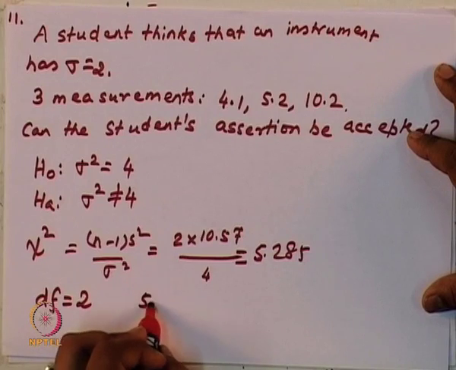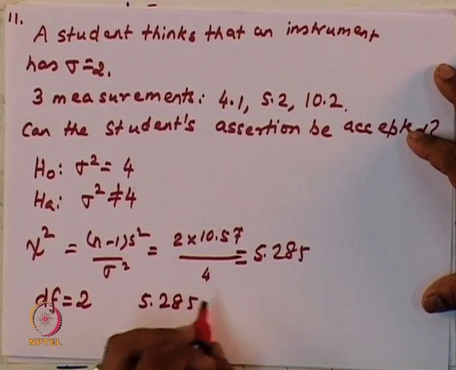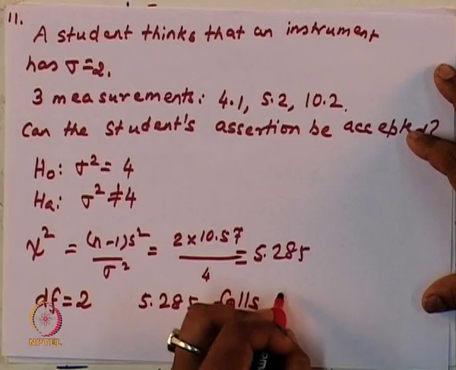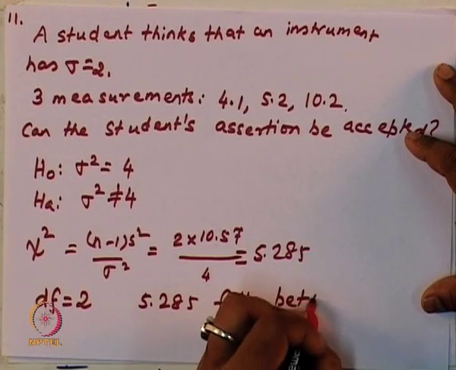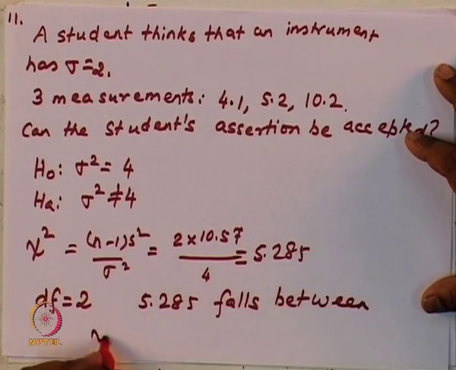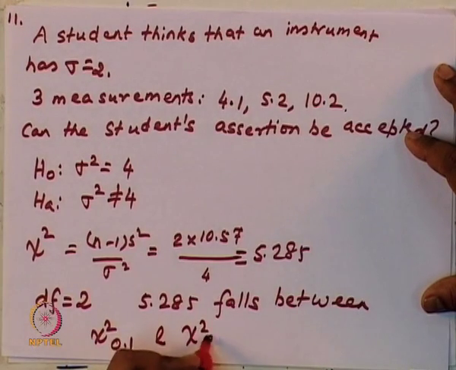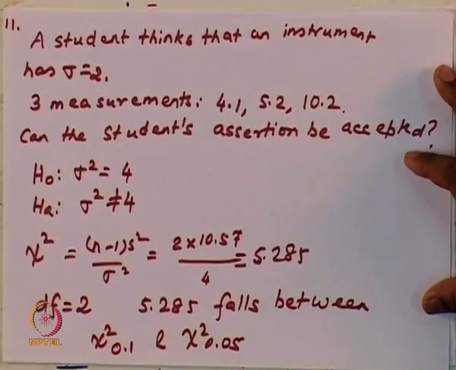Okay. So, for df equal to 2, okay, this value 5.285 falls between chi-square 0.1 and chi-square 0.05. Okay.